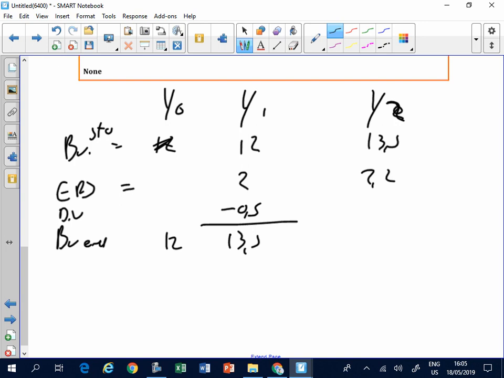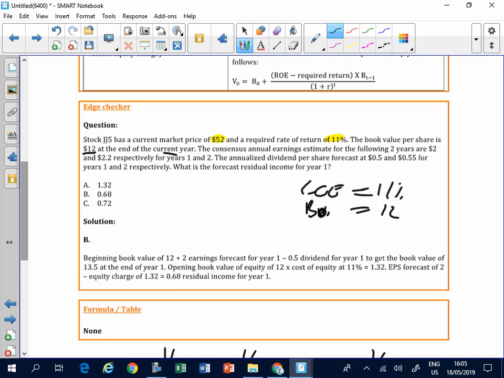Then 13.5 plus 2.2 minus 0.55. What is that? This is where basic arithmetic comes in. That gives 15.15.